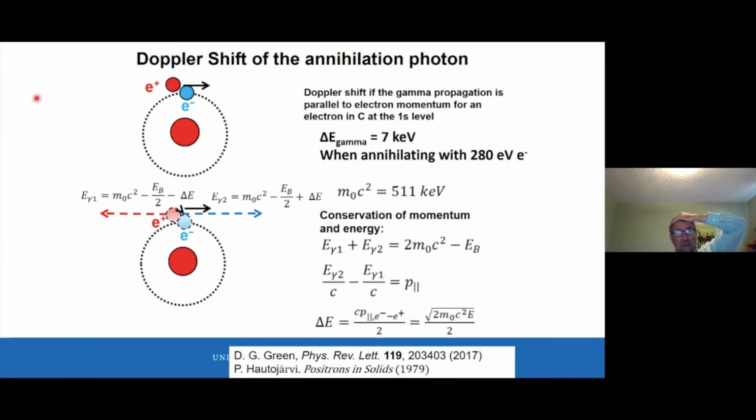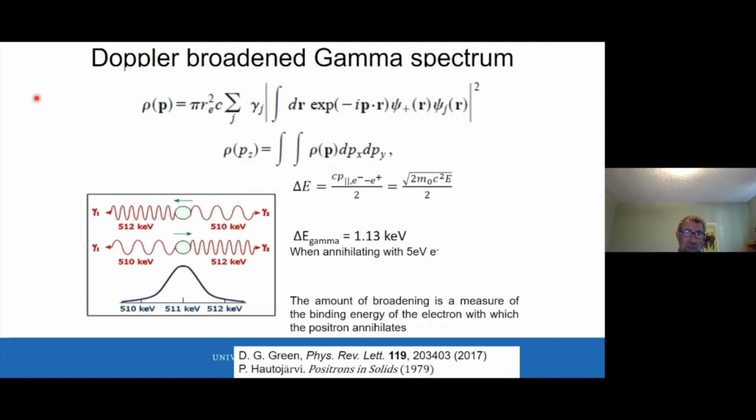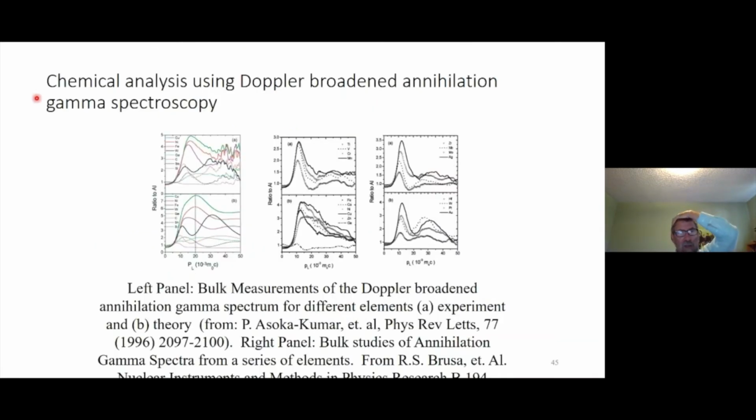Our detector resolution is about 1 keV at 511 keV, but the Doppler shift is on the order of 7 keV for some of these cores. So we can easily resolve it, and you can calculate the distribution of gamma energies you expect theoretically, and you can show that different elements will have different distributions of gamma energies.